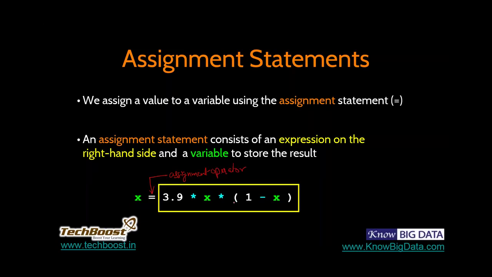And now the right hand side of the assignment operator can be just a value, can be a variable, or can be another expression, an expression which evaluates to a value or a variable.